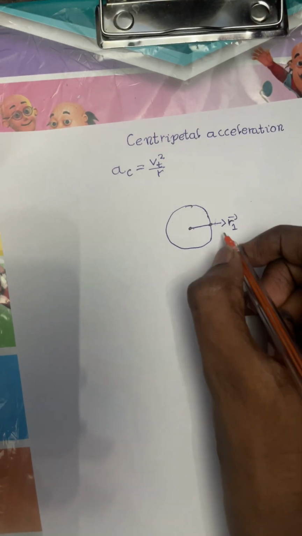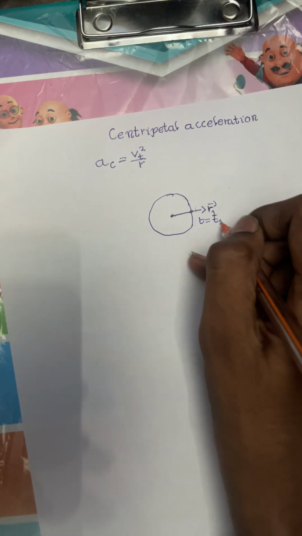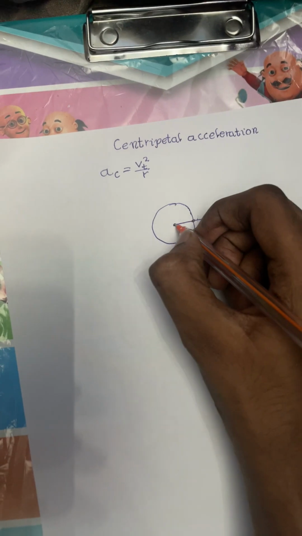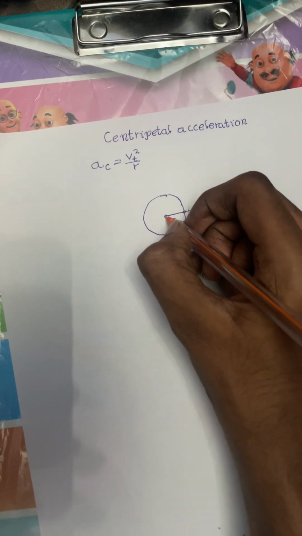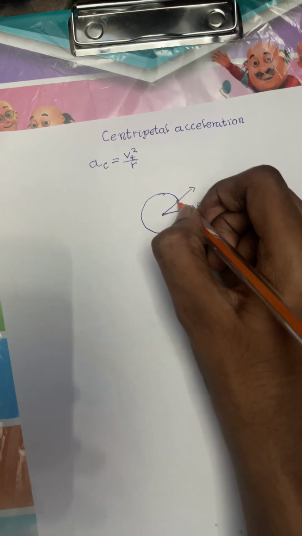So at time t1, this is the position, and after some time, let's suppose it is at time t2, the position is this.